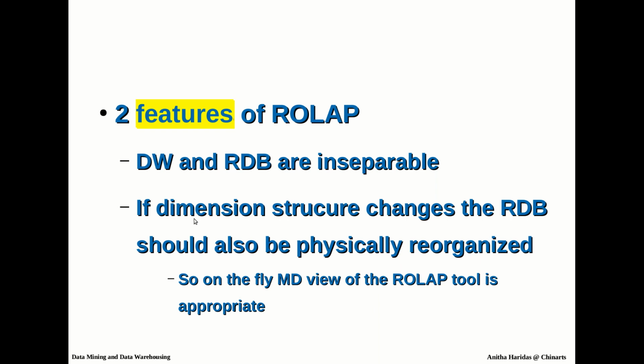And not only that, suppose for example, now we are going to analyze based on 3 dimensions, and if I want to include 2 more dimensions, 5 dimensions for the current analysis, obviously the relational database should also be reorganized. So that is why the on the fly multi-dimensional view of ROLAP is preferred in the case of ROLAP server.